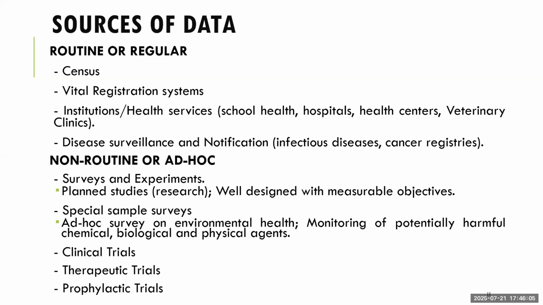Then disease surveillance and notification. We know that we have the DSNOs in the 23 local governments around the country. So it's pretty important. Their notification records, so we can know what has been notified, was there truly an outbreak, and all that. So all these things are pretty important.